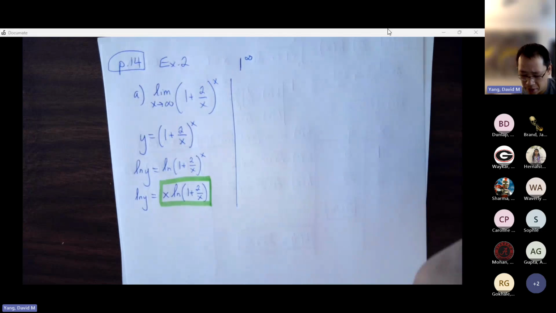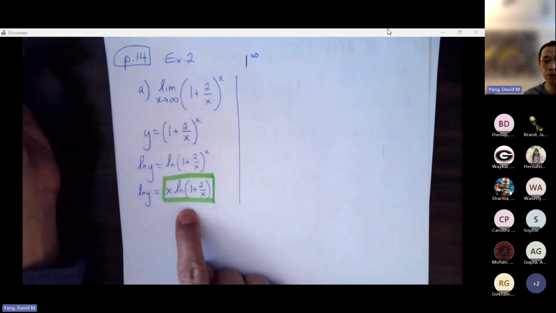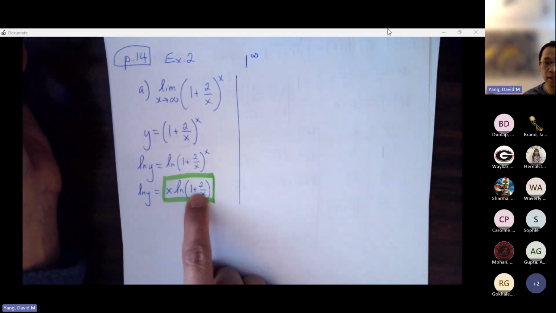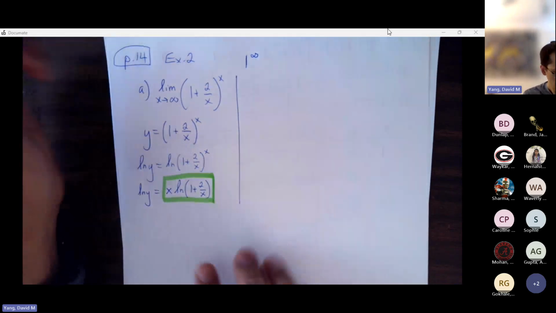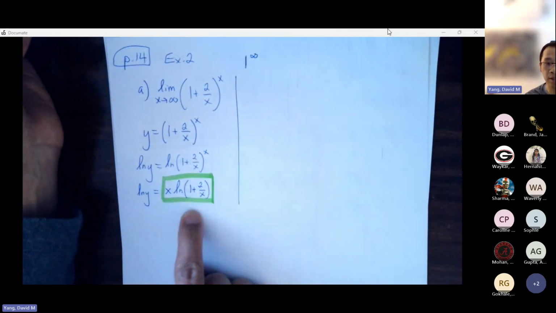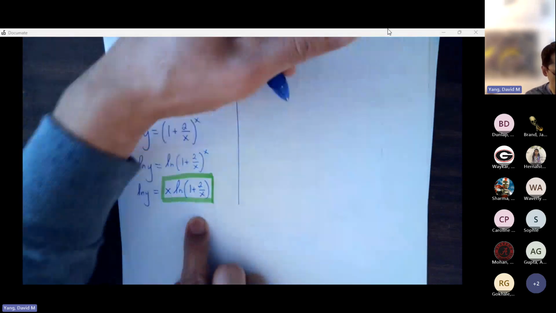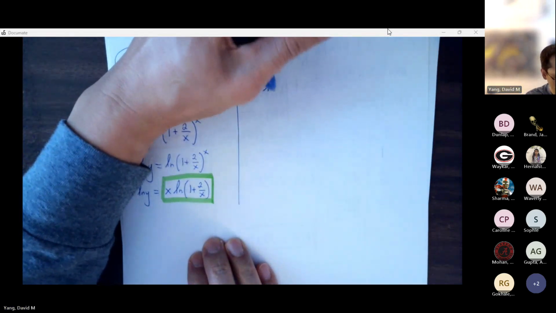So the hope is, what can I do to manipulate this so that I can get something as a numerator over a denominator? This is what we're going to do. We're going to force that x into the denominator and make it 1 over x.